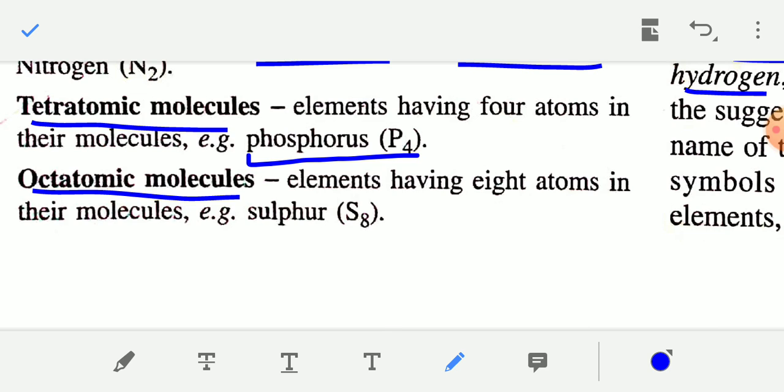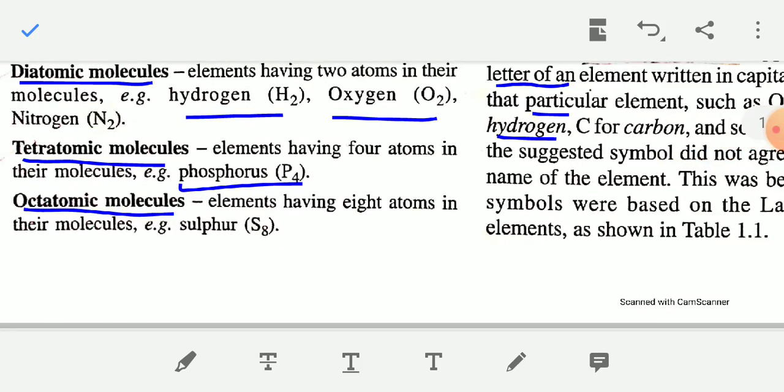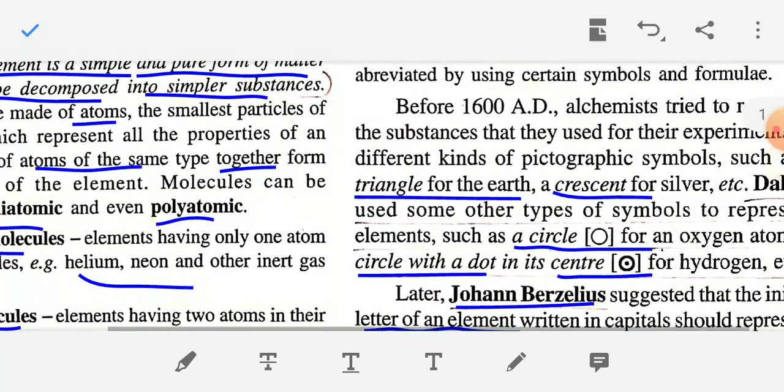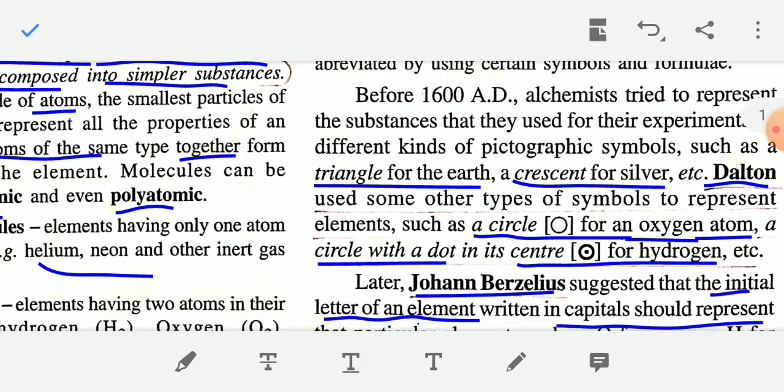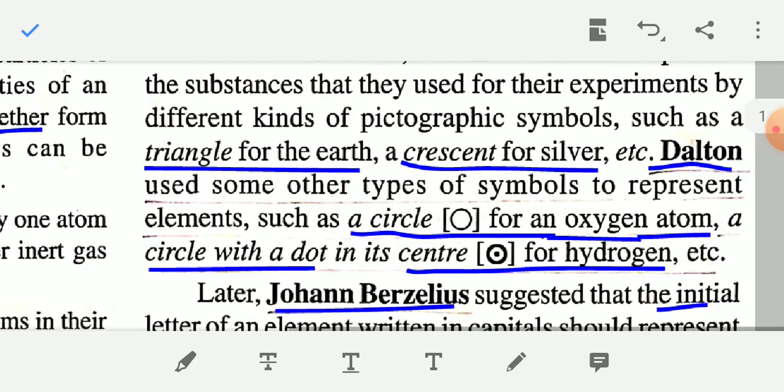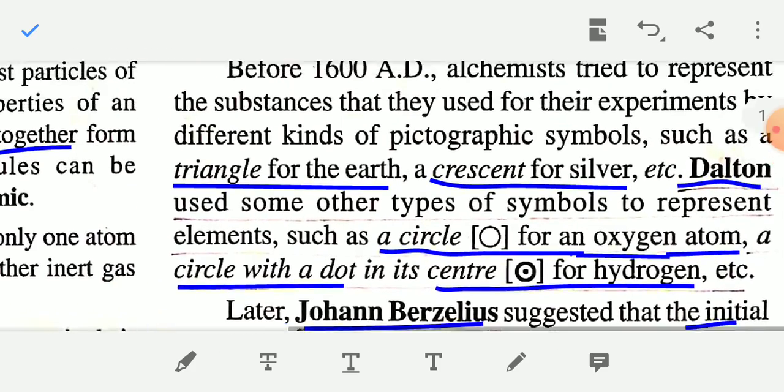So elements having 8 atoms in their molecules are known as octatomic molecules. For example, sulfur is an octatomic molecule. So an atom is the simplest, smallest part of an element which combines to form molecules.